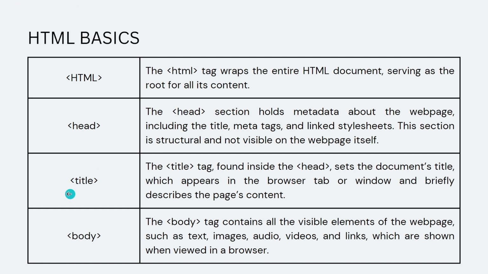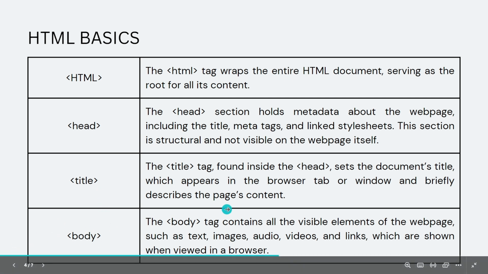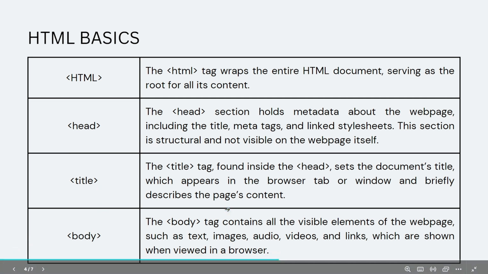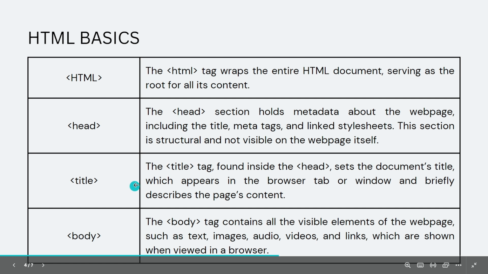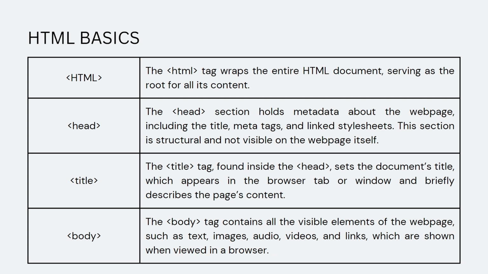It is nothing but what we place inside the title tag. The body contains all the content that we see inside the web page. It contains all the paragraphs, titles, headings, images, everything that we see on the website is placed inside the body tag. Okay, let's see by coding how it actually looks.